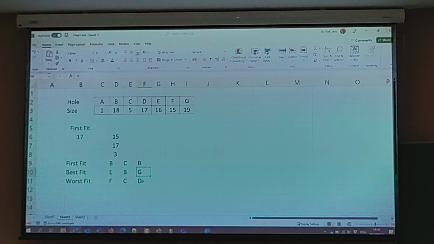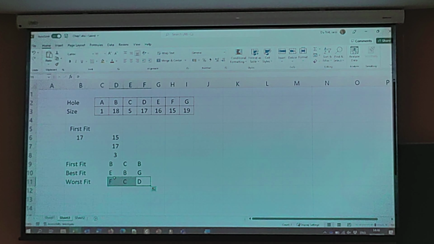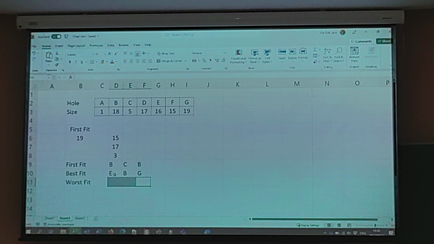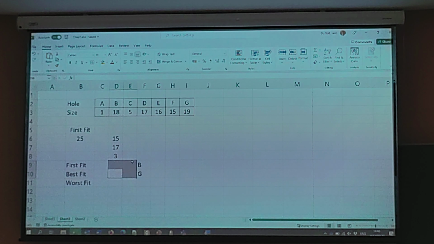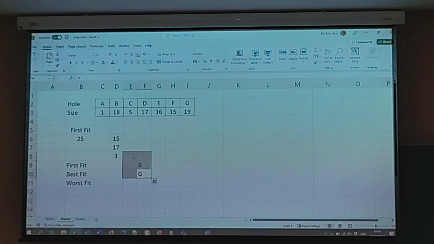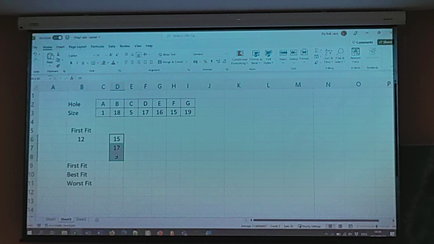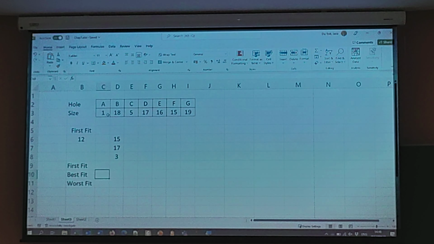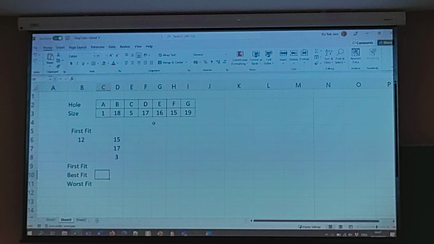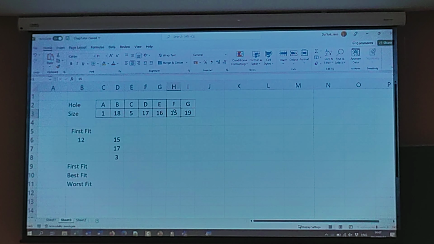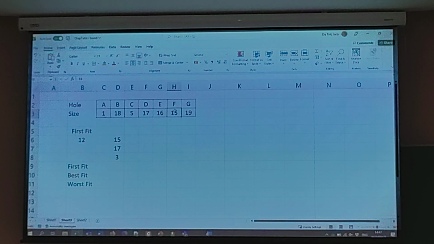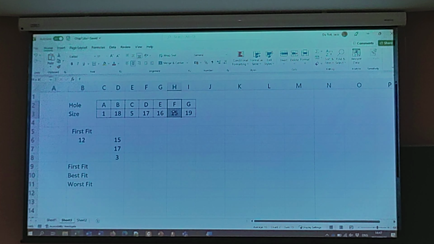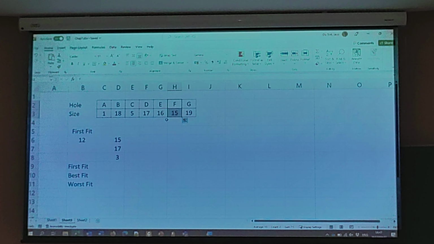Well, we have to run the algorithm again. I'm not sure if the values are the same. Let's just go through it again. So best fit, using these ones, let's just go through the problem again. 15, which one is the best fit? F. Remember, I've done 3 different algorithms now.